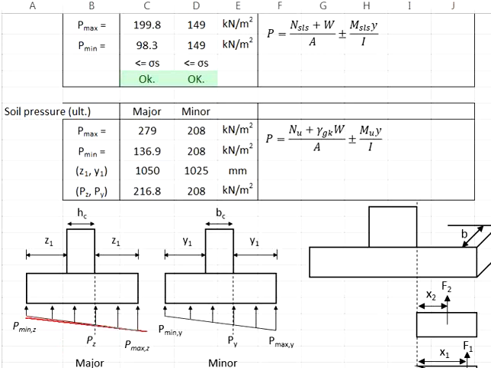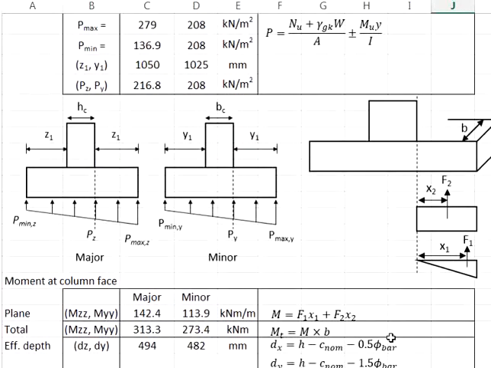Assuming it is linearly distributed, do some interpolations to determine the Pz here. That you will obtain 216.8 kilonewton per meter square.